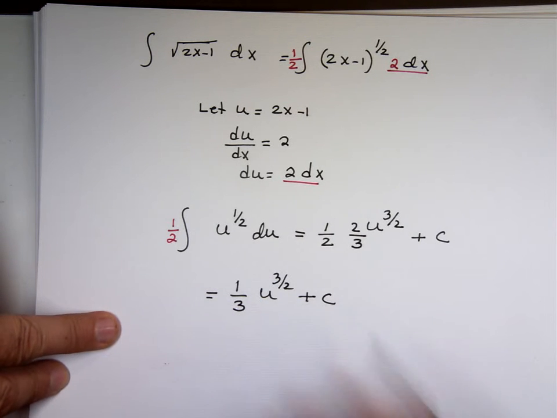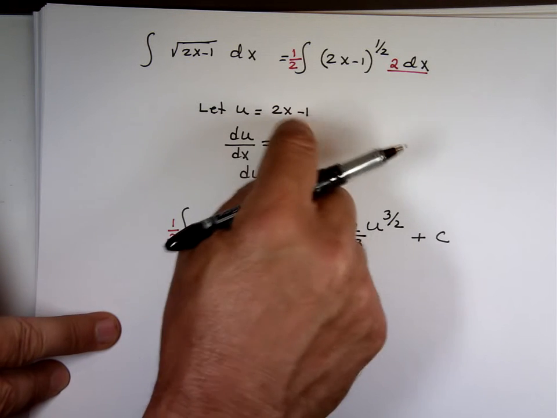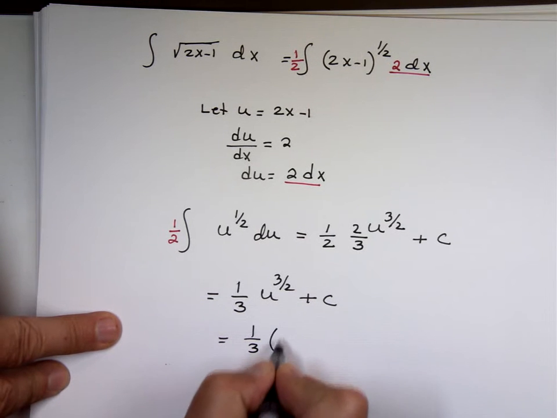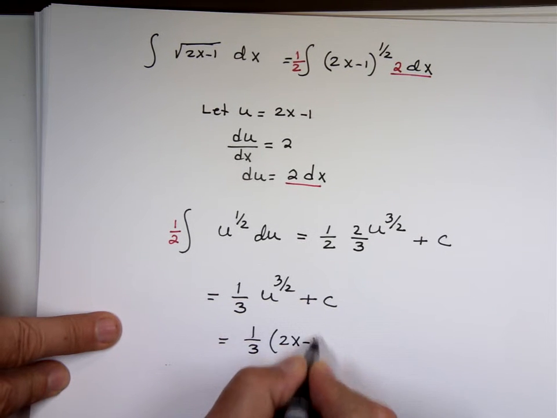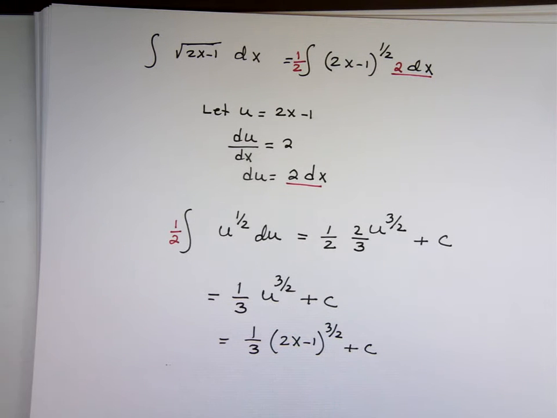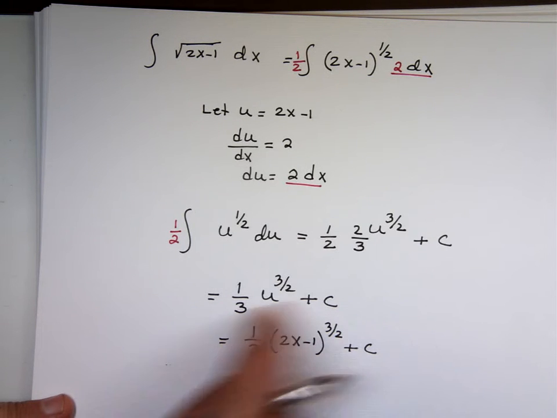And the last step now is take the u out and put 2x minus 1. Again, if you want to test it, take the derivative of this. If you take the derivative of that, you should end up with that.